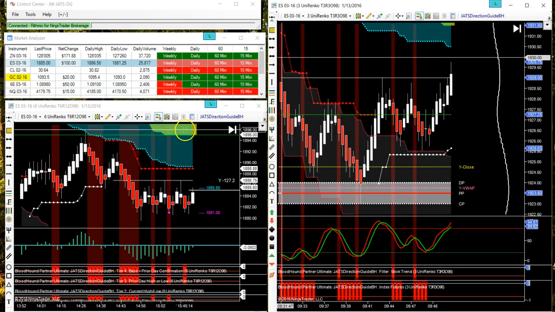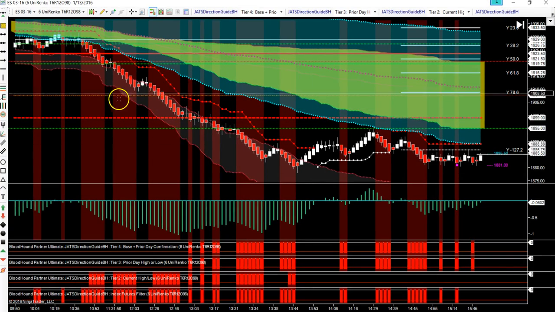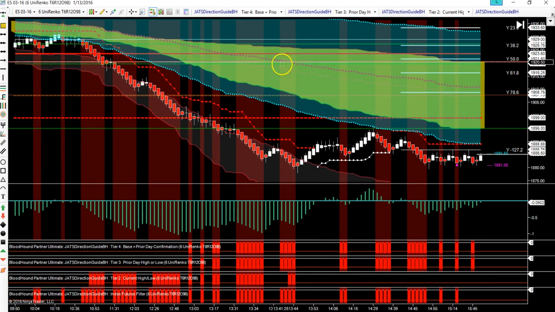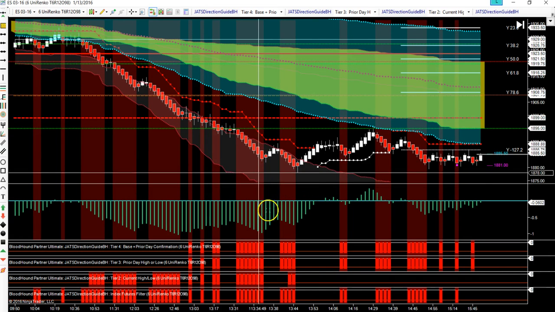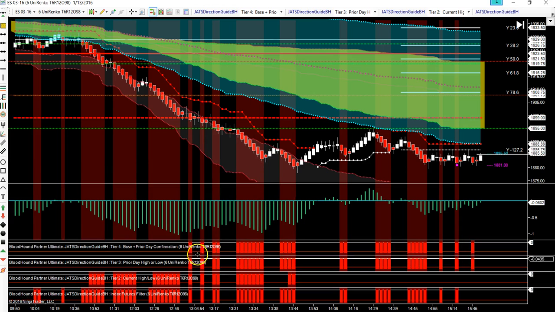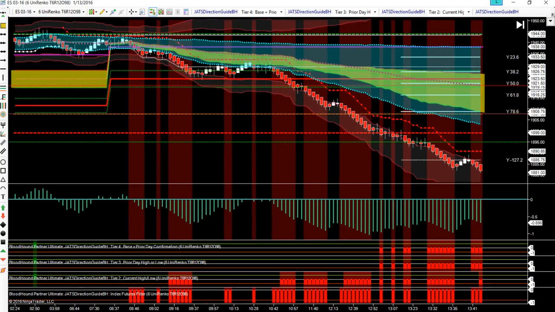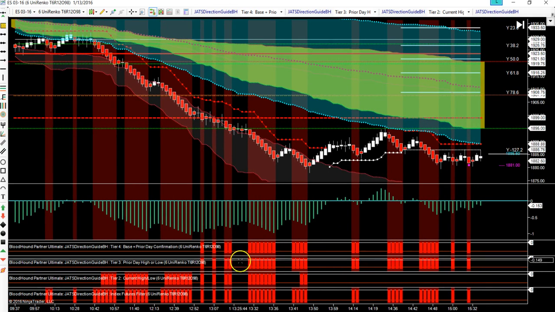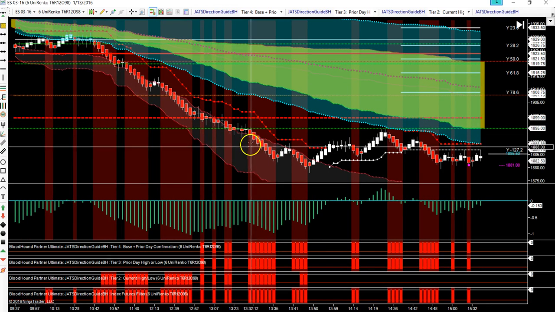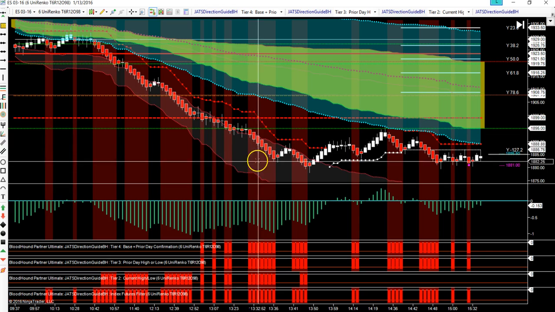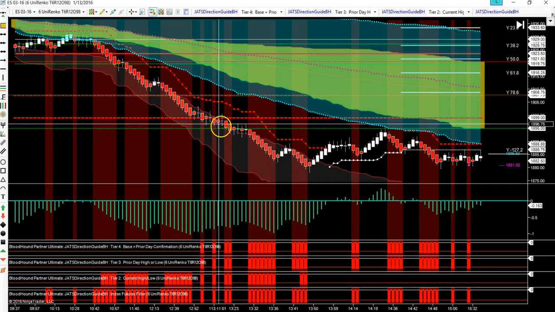But by and large, I pretty much pay attention to the larger time frame, and especially when I get the extra confirmation that I'm exceeding the previous highs and lows, and the current highs and lows are continuing. So that gives me confidence to re-enter these on these signals with maximum position size.